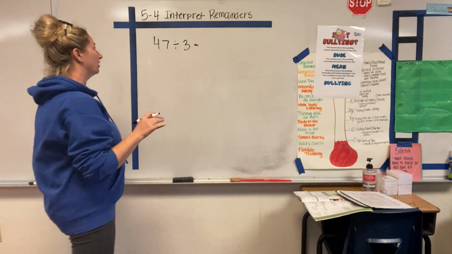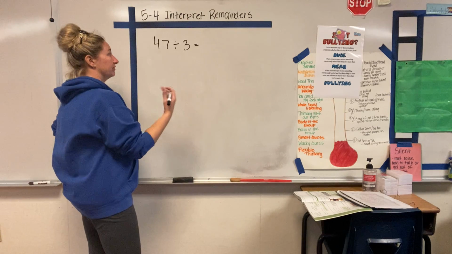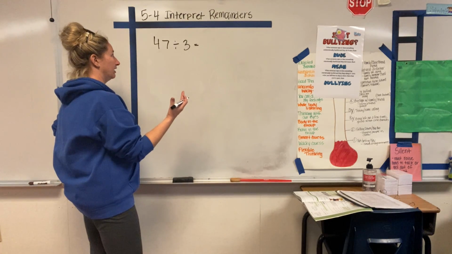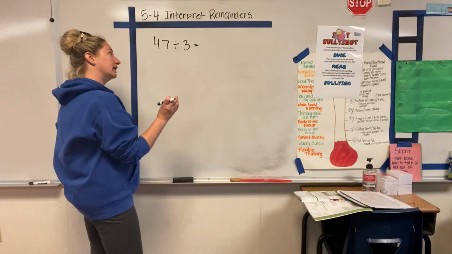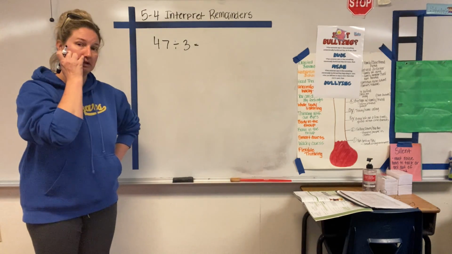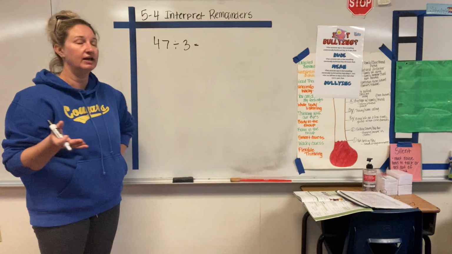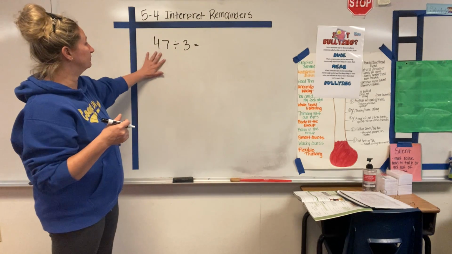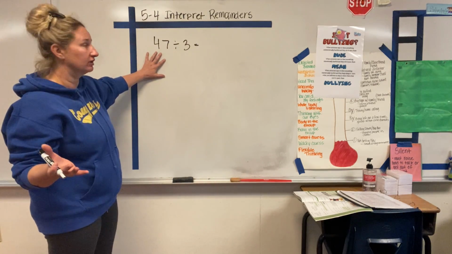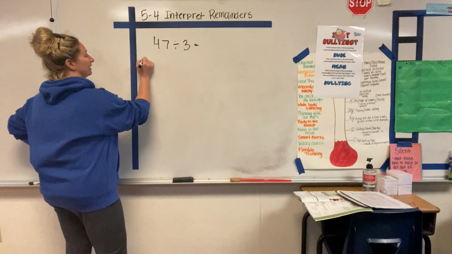Okay, so I can count by 3s, or I can write this as a division problem and do it that way. I can show you that way too. So let's start by counting by 3s, okay? Because I need to know how many times 3 goes into 47 and then how many are left over, okay? So I'm just going to count by 3s.